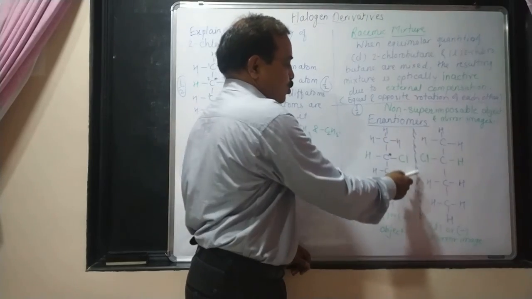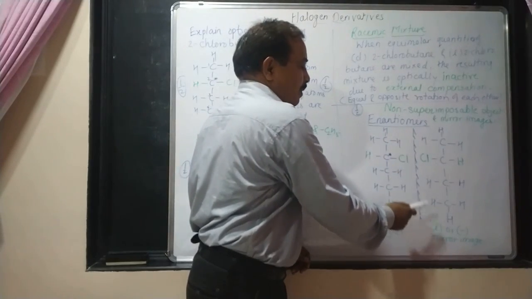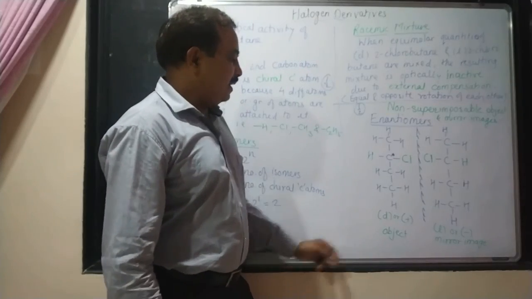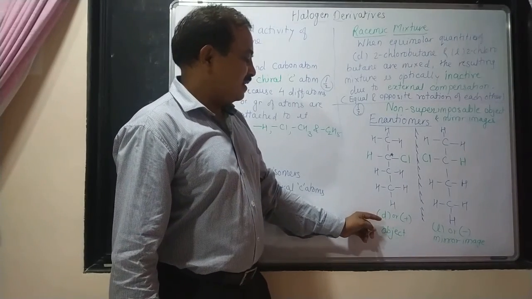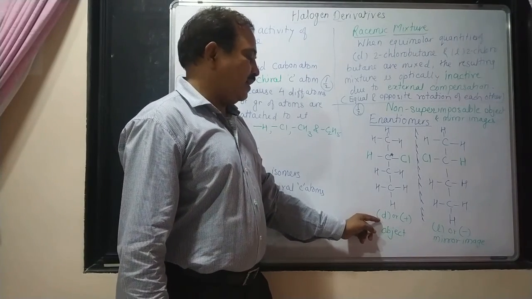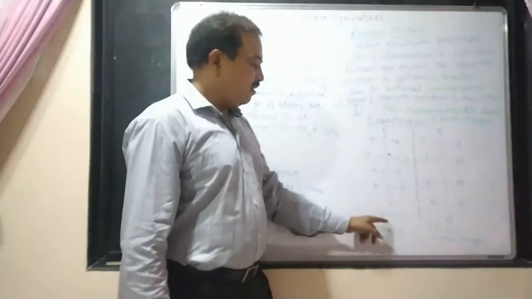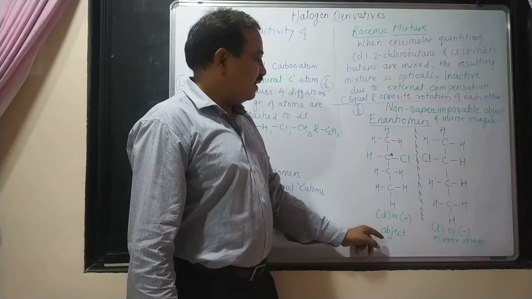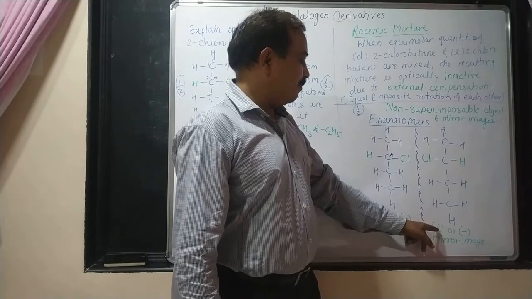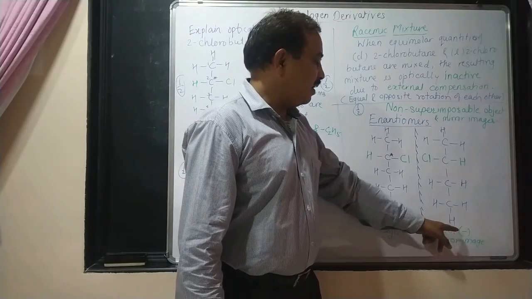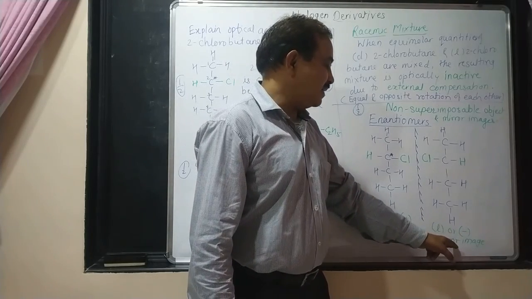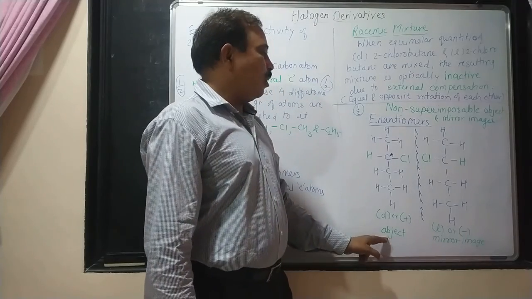Here you have to show the diagram of a mirror properly. The right-hand side structure is called dextrorotatory, represented by D or a small plus sign, and the levorotatory compound is represented by L or a negative sign. You will write here the mirror image, and here is the object.